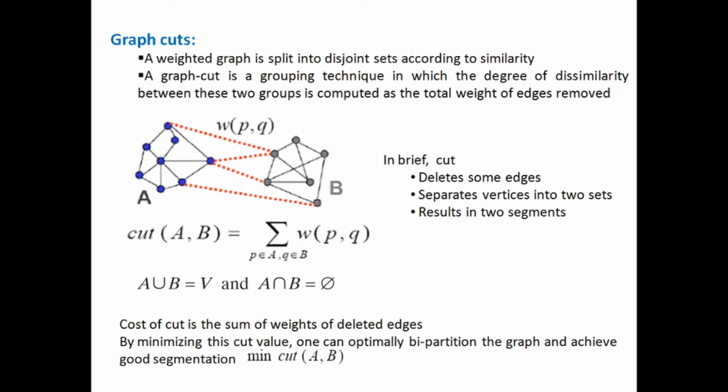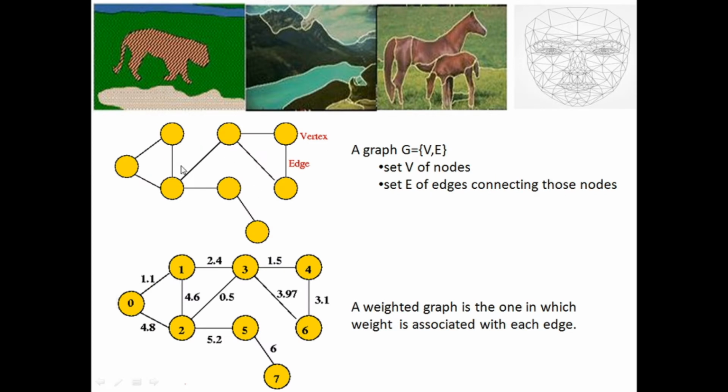Now what is this graph cut? A graph cut is where a weighted graph is split into disjoint sets according to similarity. Before that, we should understand what a weighted graph is. In the figure above, I don't have any values given to the graph. But in the figure below, you can find some values given to the edges that connect the nodes.